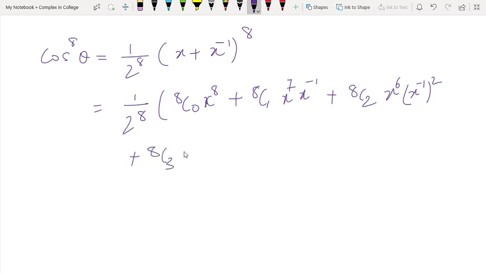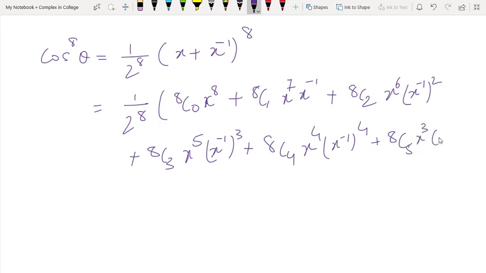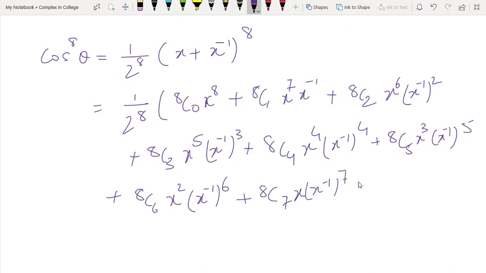plus 8C3 x raised to 5 x raised to minus 1 with the power 3, plus 8C4 x raised to 4 x minus 1 raised to 4, plus 8C5 x raised to 3 x raised to minus 1 with the power 5, plus 8C6 x raised to 2 x minus 1 raised to 6, plus 8C7 x, x minus 1 raised to 7, plus 8C8.